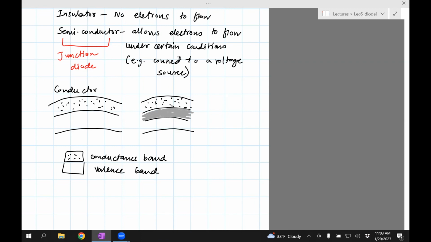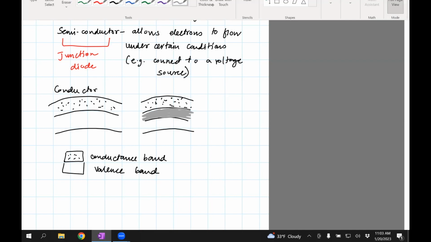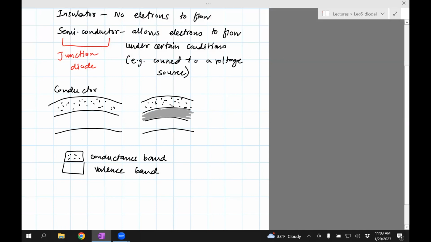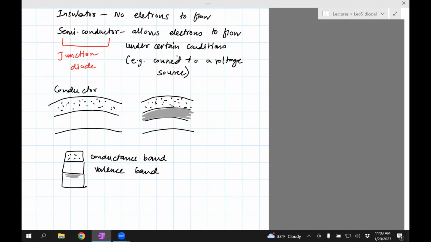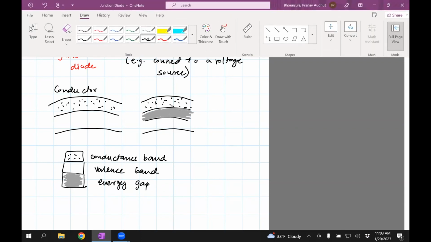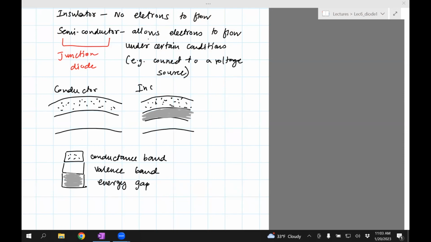So the gray band is the energy gap, and this is our insulator. So what's going on here is when you apply a voltage across an insulator, the energy gap prevents the electrons from flowing from the conductance band to the valence band.